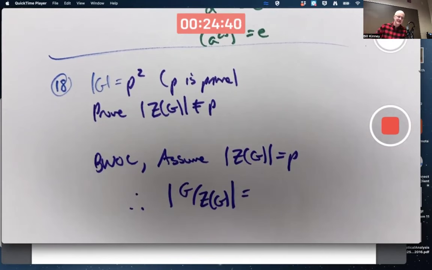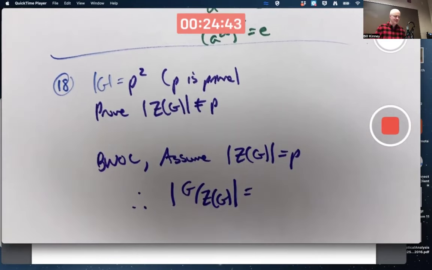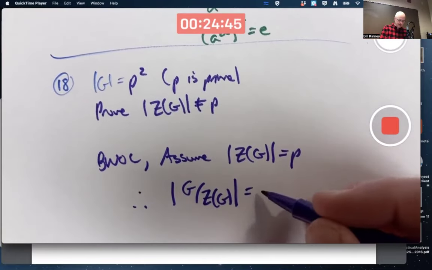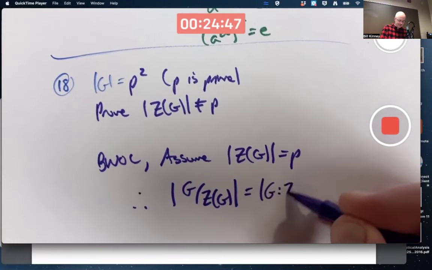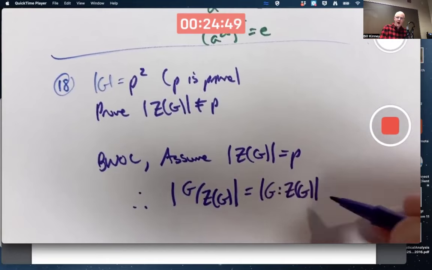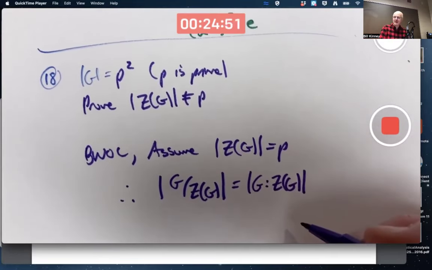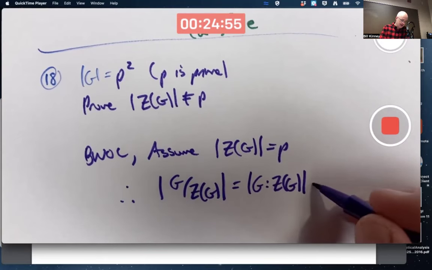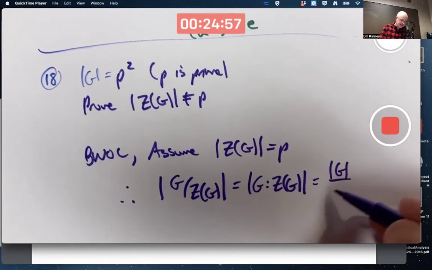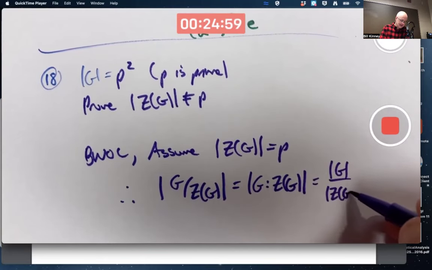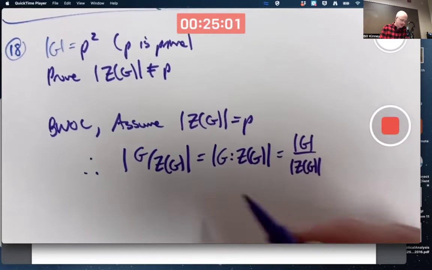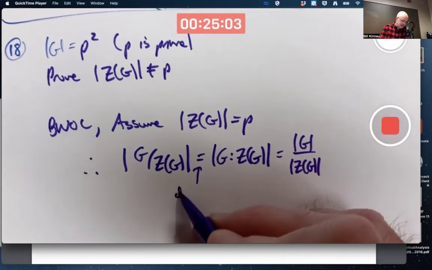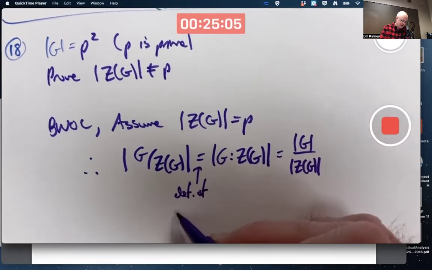Why? Well, the order of the factor group by definition is the index. Why? Because the index by definition is the number of left cosets. And Lagrange's theorem also says the index is equal to this. So this equality is the definition of index.